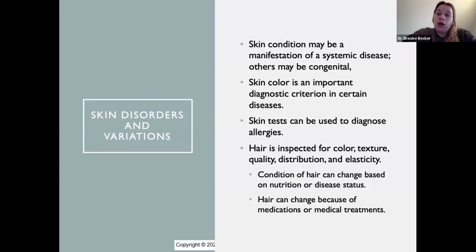Okay. Skin color is also an important diagnostic criteria in certain diseases. So skin color can affect how like eczema and other skin rashes look, you know, on different skin tones.